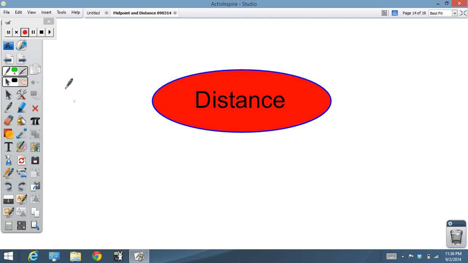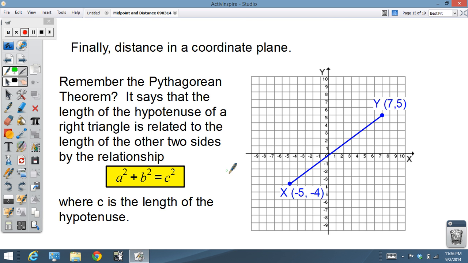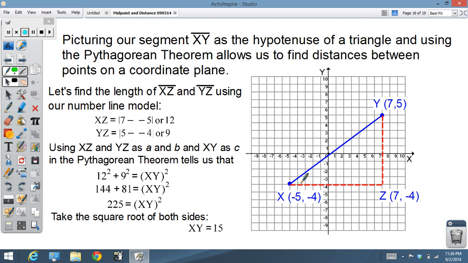Finally, distance formula. All right, distance in a coordinate plane. Kind of a complicated explanation, but we're going to go back to the Pythagorean theorem, which I'm hoping you're all familiar with. It says a squared plus b squared equals c squared, where c is the length of the hypotenuse. Well, what we'll do in a case like this is picture our segment as the hypotenuse of a triangle.